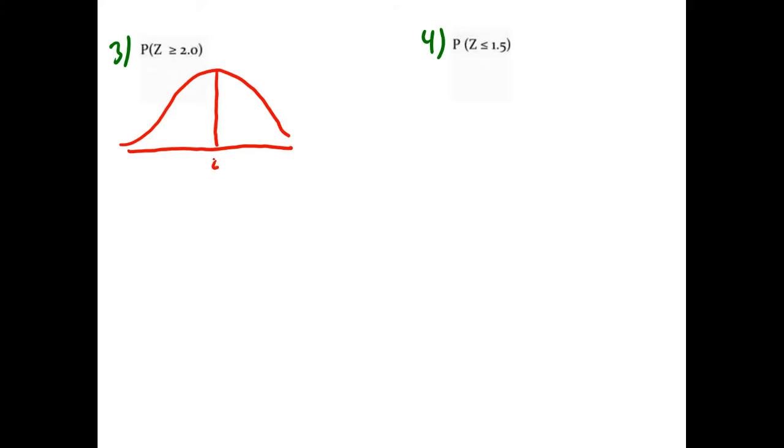Okay, so last 2 examples. So I will give you, sabihin nyo ng 3 minutes to answer these 2 examples. Paki-pause na lang. Okay, so I will show na the correct answer. Okay, this is 0, 1, 2, 3, 4, 1, 2, 3, 4. So 2.0 is nandito yung 2.0.